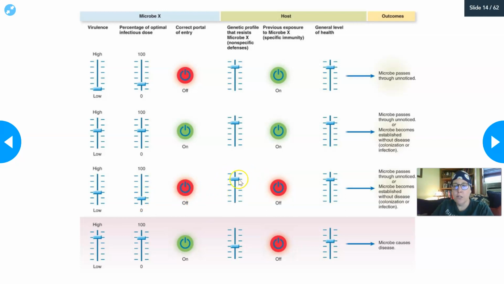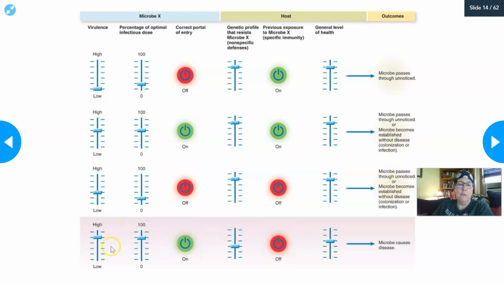You have good resistance. You have not been exposed to it previously, but you're in good health. It could pass through unnoticed, or again, it could be established without causing disease. So wrong portal of entry, even if you've not been previously exposed to it, these make it where it's just probably going to pass through. You never know it even got on your body.